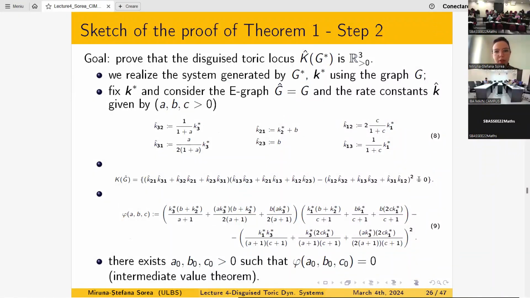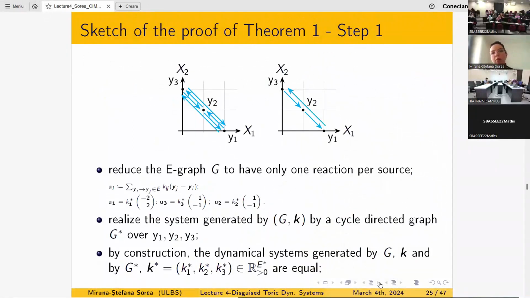Maybe it is quite involved, so the next example may be easier. This was a bit complicated because we used the same graph in the end, but with an intermediate step, this one reaction per source graph.